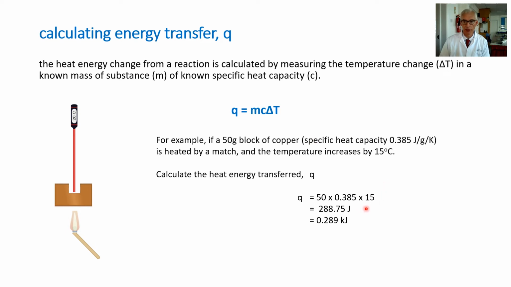Multiply those together, you get 288.75 joules. Notice, if you put in grams, 50 grams rather than kilograms, then the answer comes out in joules, which you can then convert to kilojoules by dividing by 1000.